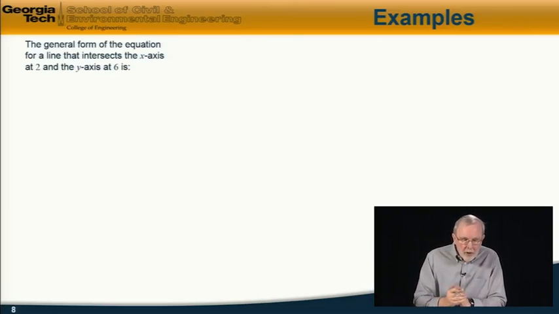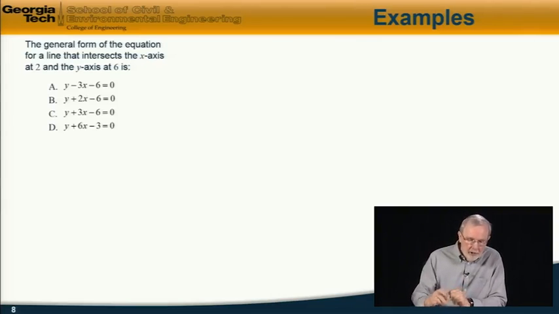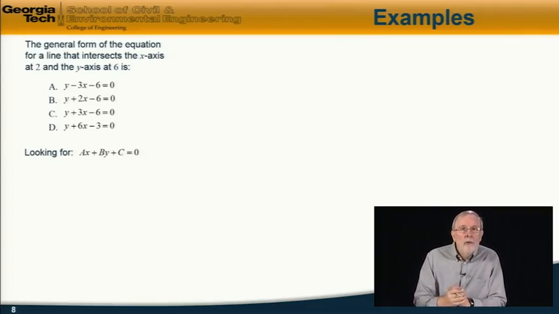Last example, the general form of the equation for a line that intersects the x-axis at 2 and the y-axis at 6 is which of these? So what we're looking for here is the general form of the equation, which is like this: ax plus by plus c is equal to 0.